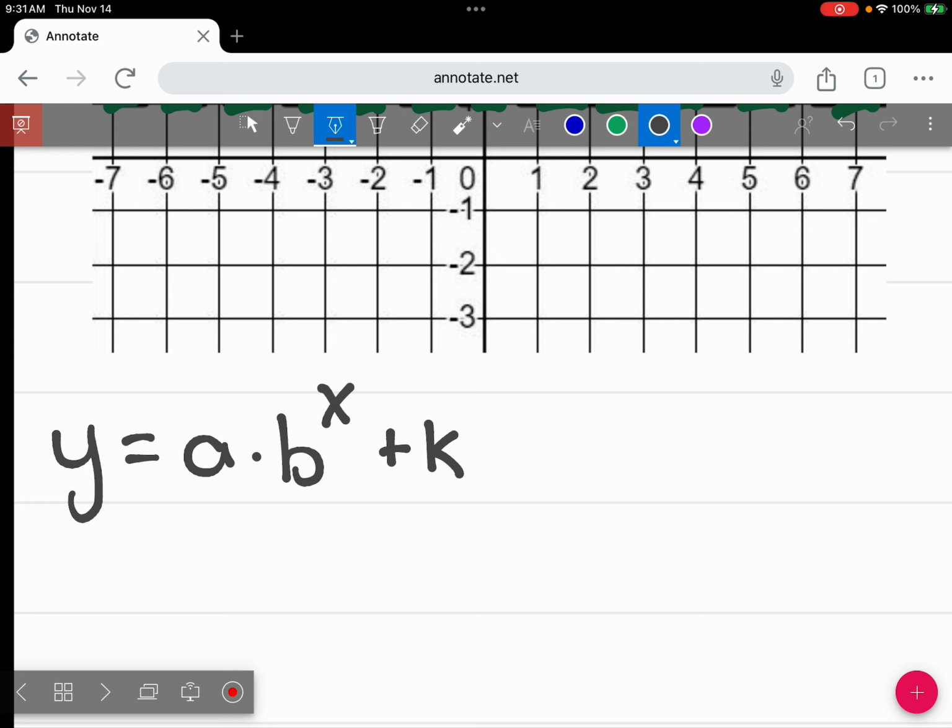We need to fill in the pieces. Start with the asymptote. Our vertical shift, our asymptote, that's going to happen where? 1. K is 1. That's what that means. The k is our vertical shift, our k is our asymptote.